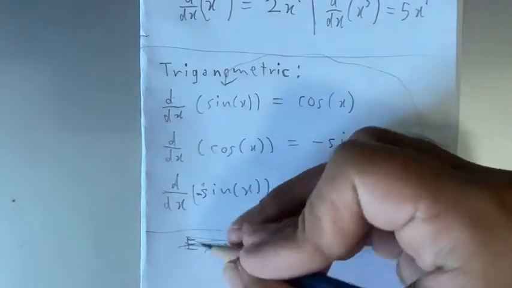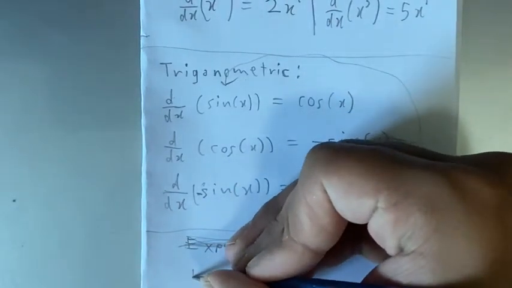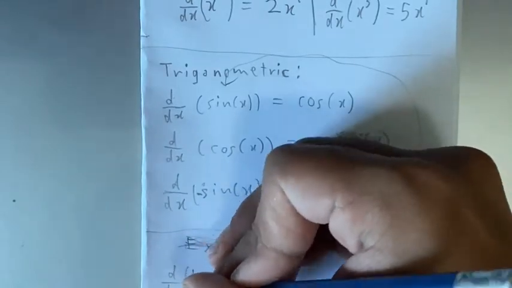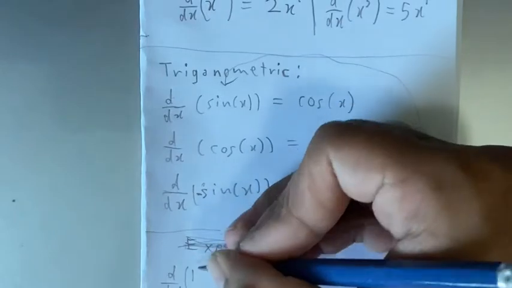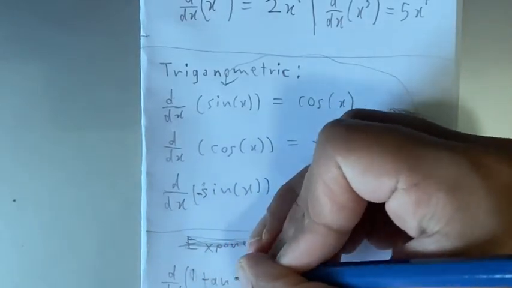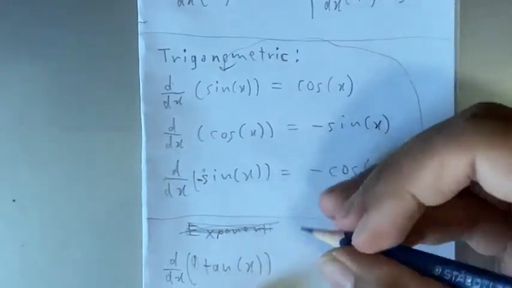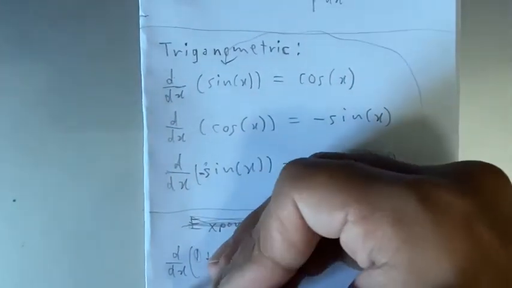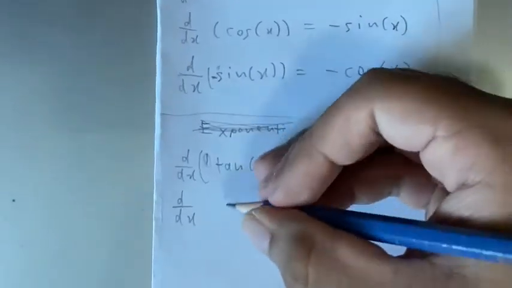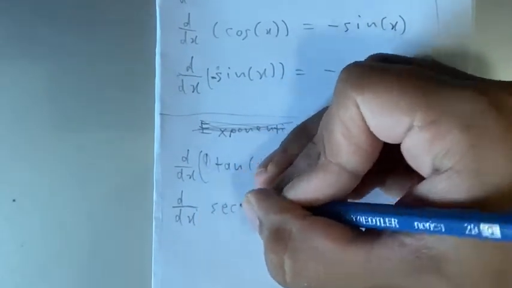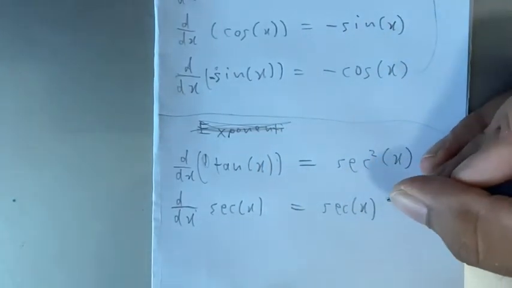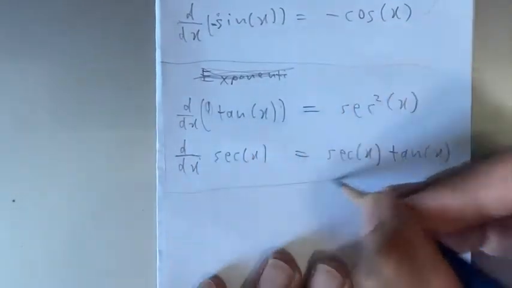So okay, now if you have tan x, so really trigonometric differentiations, they're in groups. So we have the sine cos group, then we have the tan secant group, because if you differentiate tan x, that gives you secant squared x. If you differentiate secant x, that gives you secant times tan x. So that's why these two are a group again.